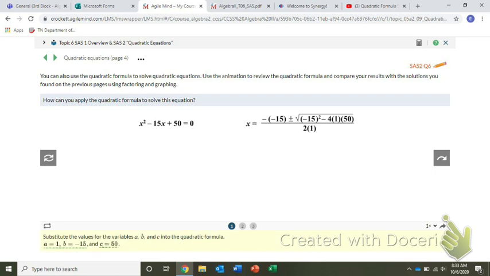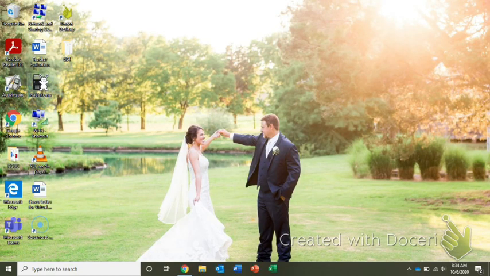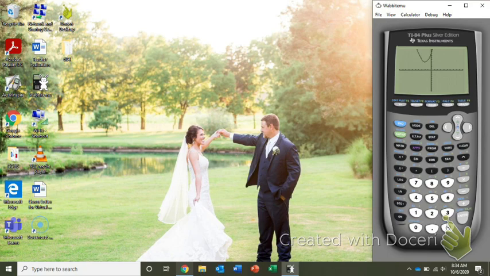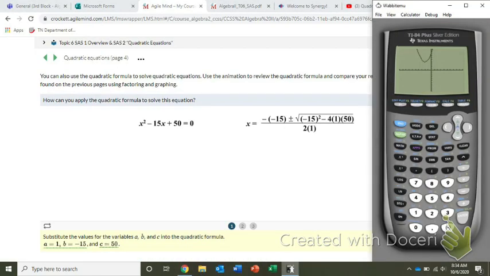So, I want to experiment with you. And I did this with the class yesterday too. Let me pull my calculator up. All right. So, you see in this equation, this part right here, negative 15 squared.